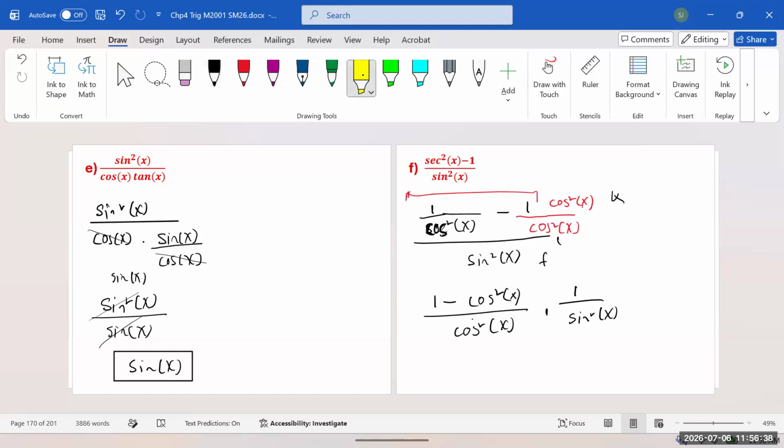Now we are going to apply identities here. The Pythagorean identities. Sine squared x plus cosine squared x equals 1. So if you subtract cosine squared from both sides, we get 1 minus cosine squared x is actually sine squared x.